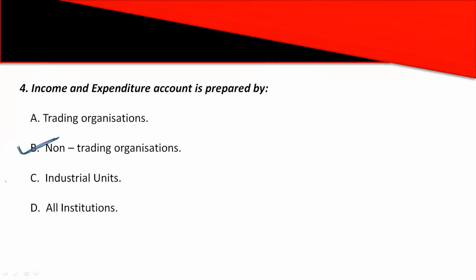They do not deal with any kind of products or services. Trading organizations and industrial units prepare P&L account, not income and expenditure account. But income and expenditure account is somehow similar to a P&L account of trading or profit earning organizations.